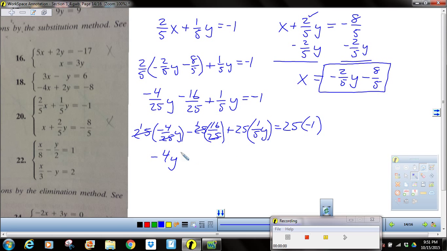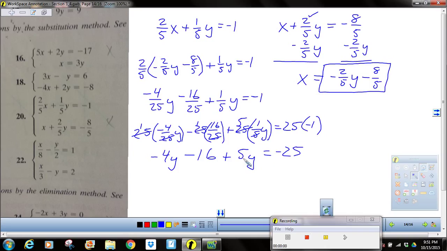Negative 1 times 16 is negative 16. 5 goes into 25, 5 times. 5 times 1y is 5y. The fractions are taken care of.